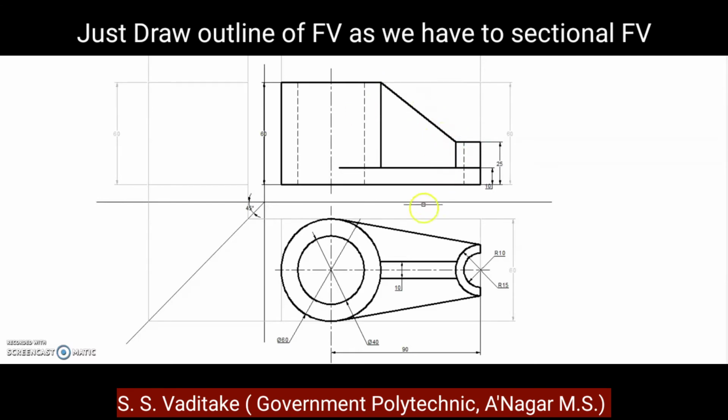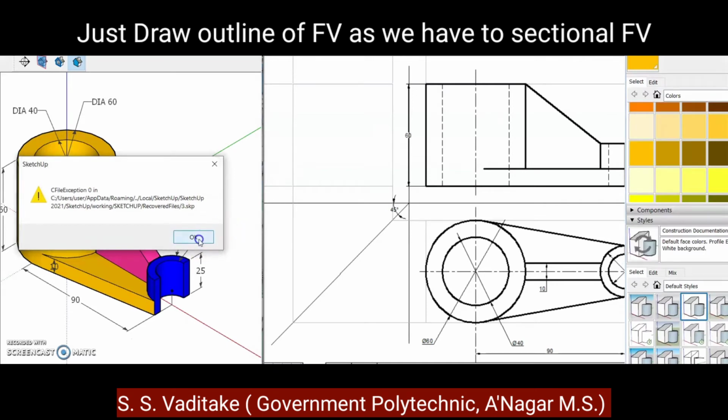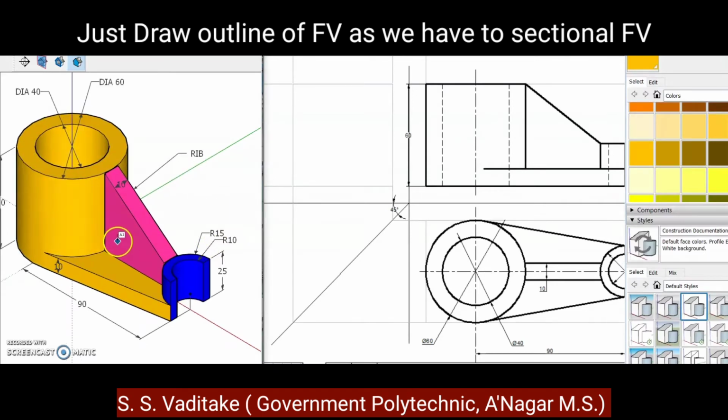This is a rib, and this rib will be observed here. So here the total 4 components are there: a cylinder, half cylinder, bottom plate, and rib. So its 3D view will appear like this one.